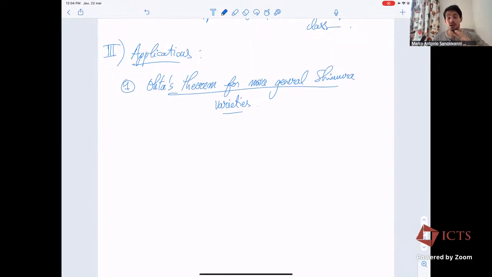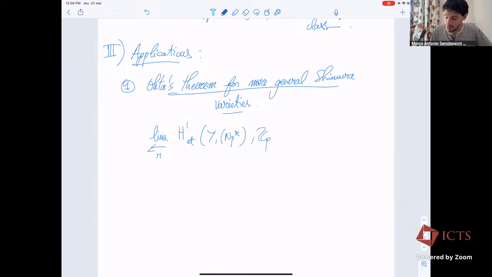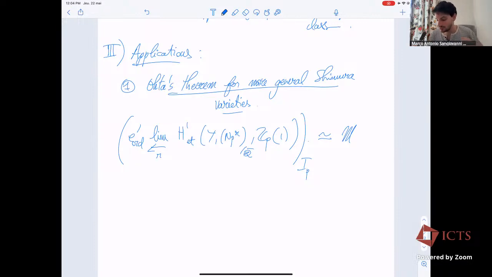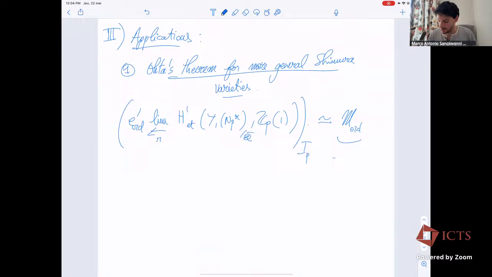One of the key tools in explicit reciprocity laws, at least in Hida families, and this was the hidden subject of a question by Eric Urban in my first lecture, is Oda's theorem, which says that when you take the inverse limit of the étale cohomology of modular curves, this is geometric étale cohomology, and then you take the ordinary projector, or rather its dual, e-ord, and then you take inertia invariants, this is isomorphic to a module, the module of lambda-adic Hida families. Okay, this is M-ord. So Hida family.